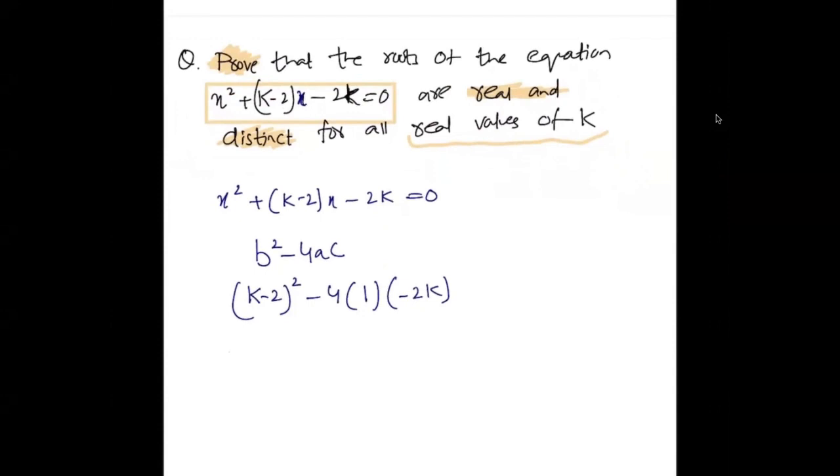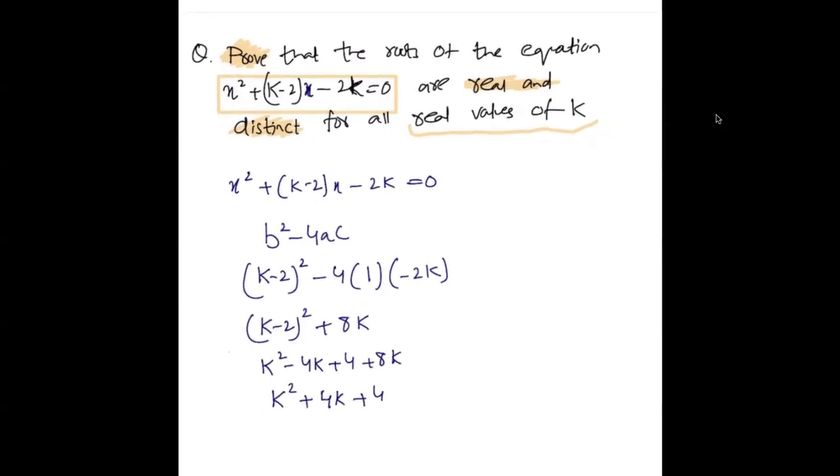So I'm going to simplify this: k minus 2 the whole thing square plus 8k. Now I'm going to further simplify this: k square minus 4k plus 4 plus 8k, k square plus 4k plus 4. All right, clear with this?